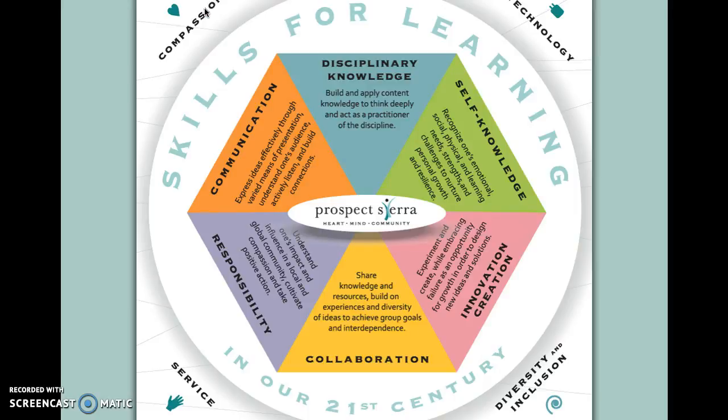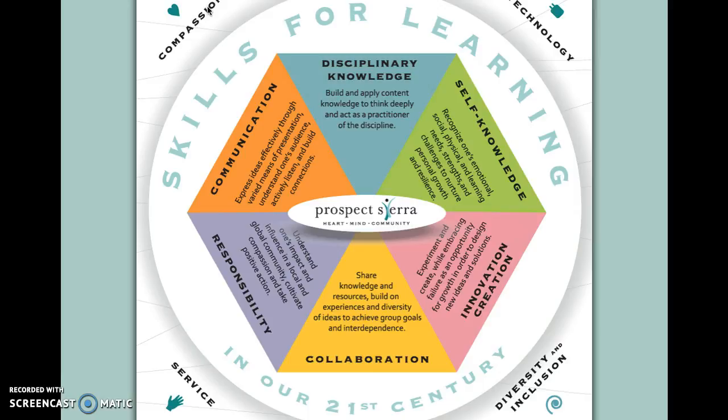So some of the 21st century skills that people are focusing on are disciplinary knowledge, you'll see in that blue triangle at the top. As we work around the right, we see self-knowledge, innovation, creation, collaboration, responsibility, and communication. So these are skills that are actually being used now in a variety of different jobs.